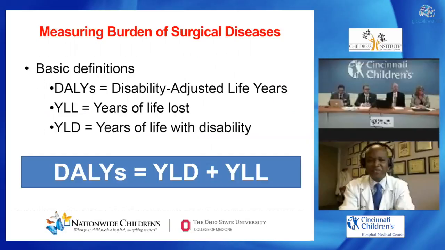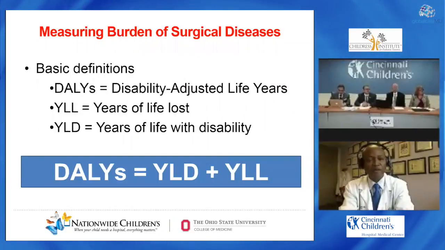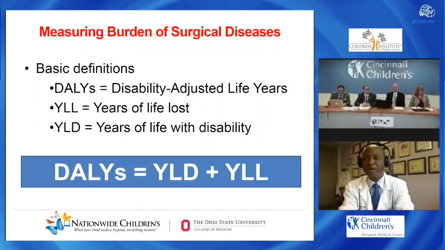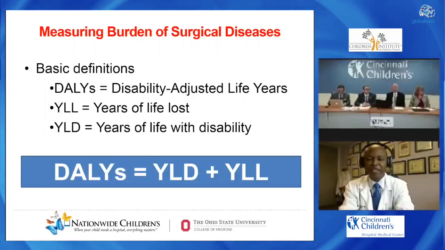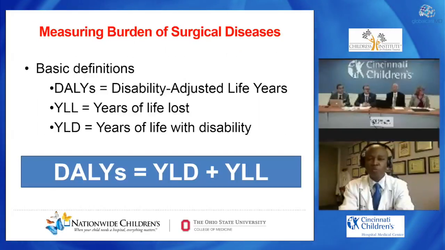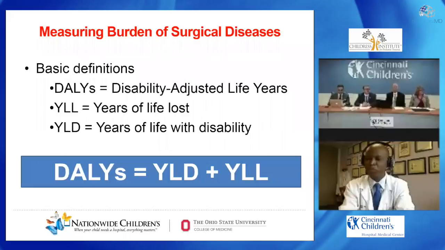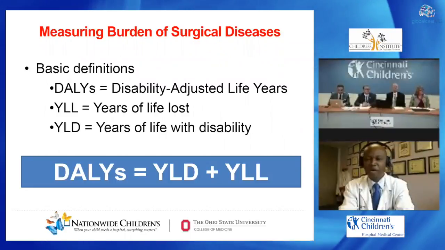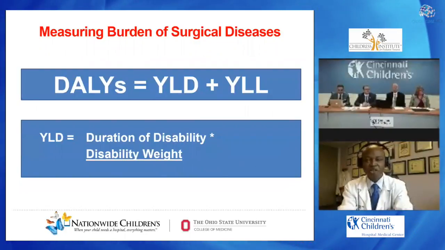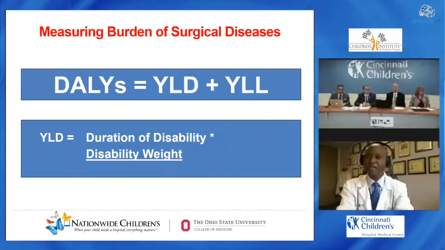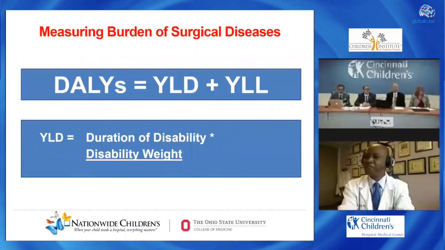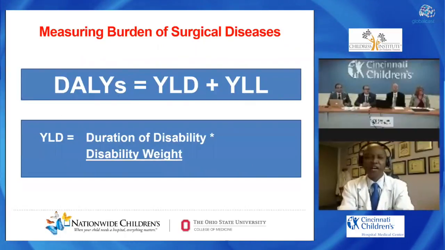The DALY represents a single index that aggregates the total loss of health at the population level by summing up premature mortality in years of life lost, YLLs, with non-fatal health outcomes in years lived with disability, that's YLDs. So the basic equation is that DALYs is a sum of YLD plus YLL.